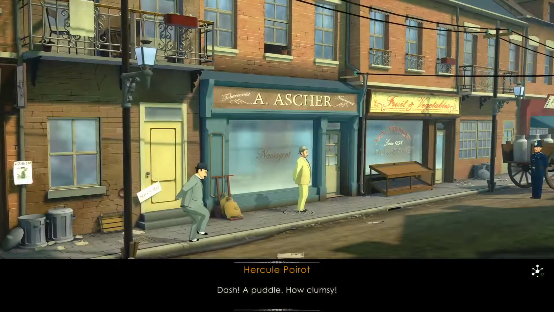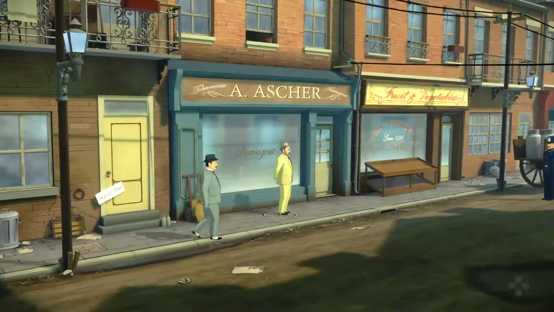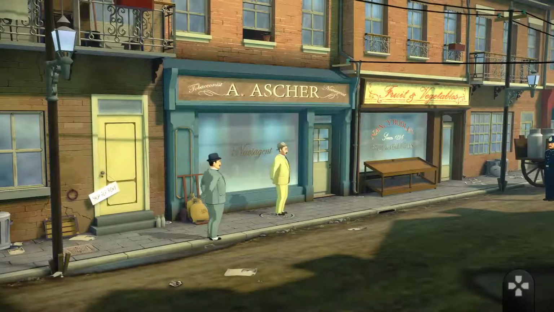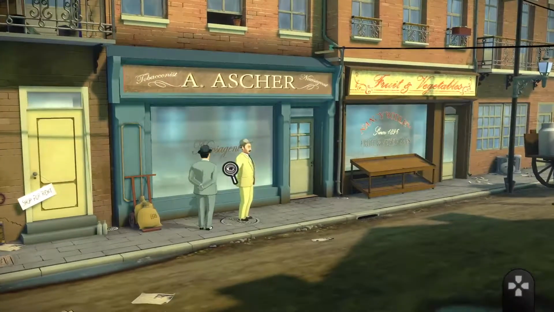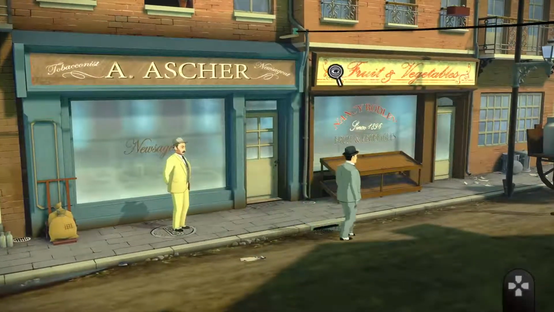Dash! A puddle. How clumsy. Okay, I guess I'm not supposed to step into puddles. What else?